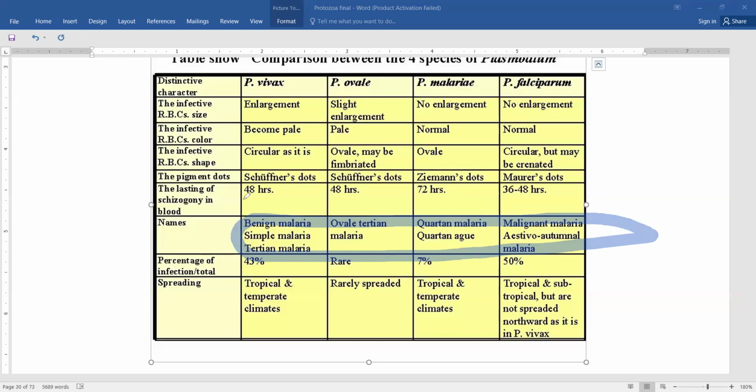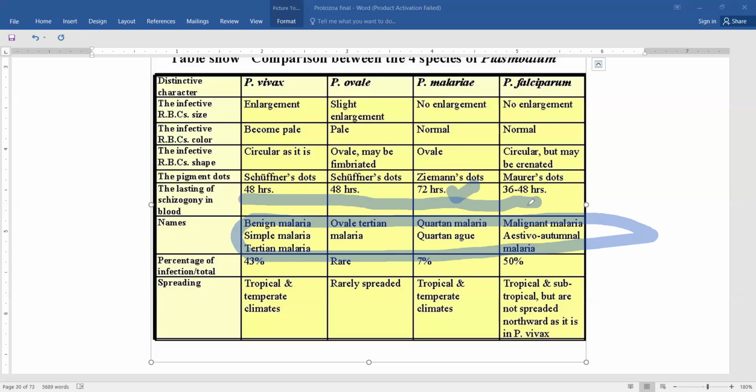Also, this is important. In Plasmodium malariae, the relapsing fever, that means the repeating fever, occurs every 3 days, whereas in the remaining three it is almost once in 2 days.